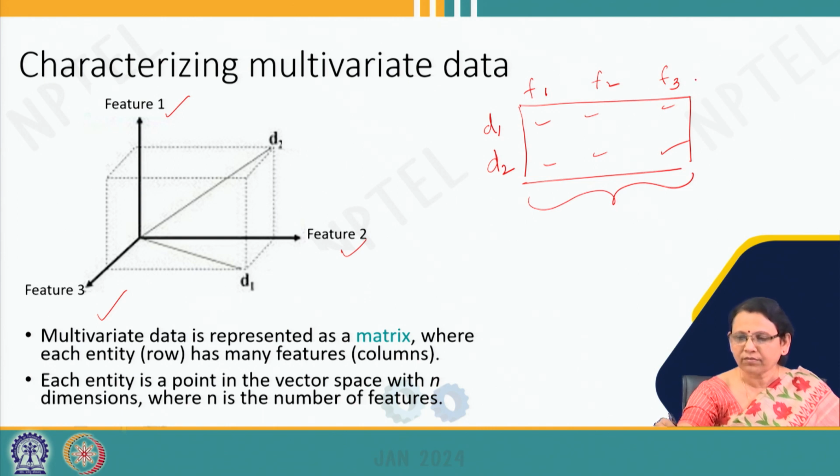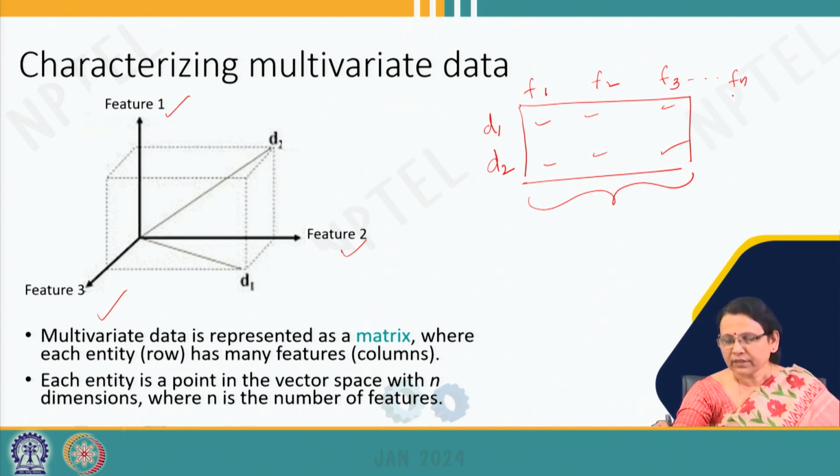Here we have 3 features because we wanted to visualize it, but we can go up to n features. These n features we would like to reduce and represent in terms of some p number of features, where p is less than n. So, how is it to be achieved?